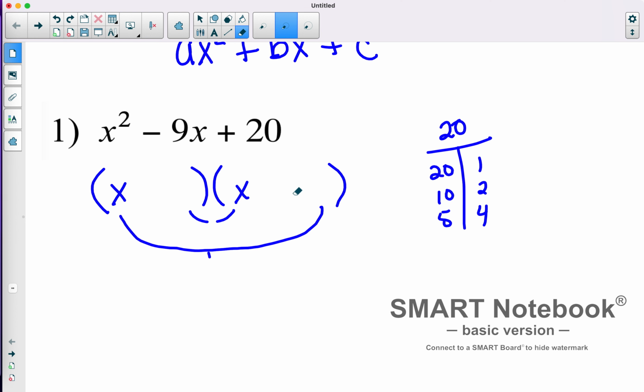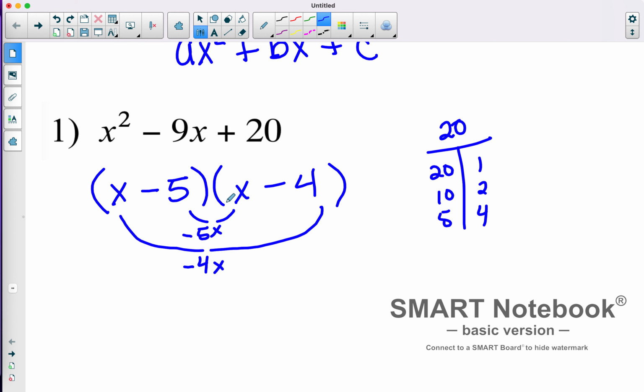This is why the guess and check method takes a little bit of time, but as you really get good at factoring, you won't have to check every single one. You'll realize that maybe 5 times 4 is a better option. So 5 times 4 does give me 20, and if I combined 5x and 4x, I could get a 9x. I do need a negative 9, which means I would need a negative 5 and a negative 4. But let's just double check our signs as we multiply.